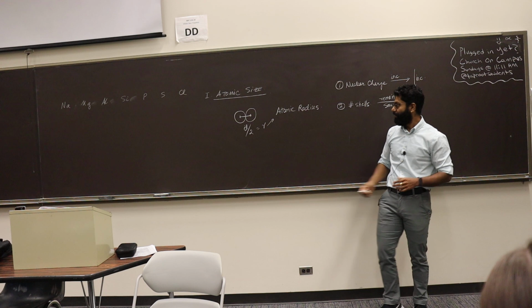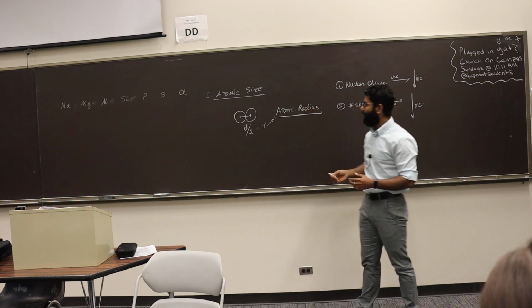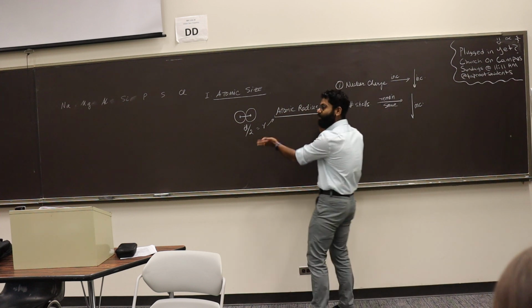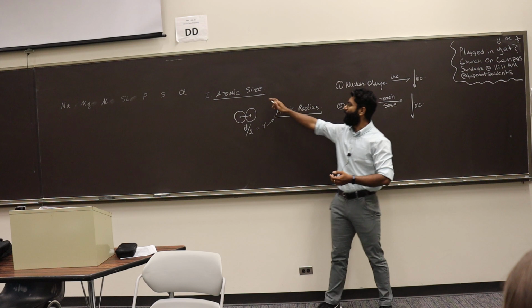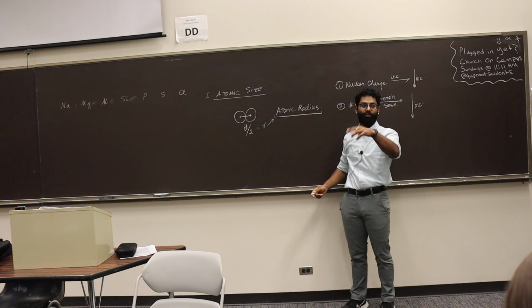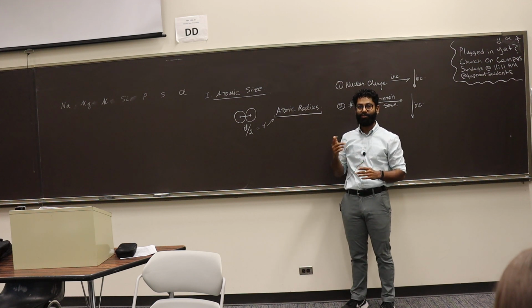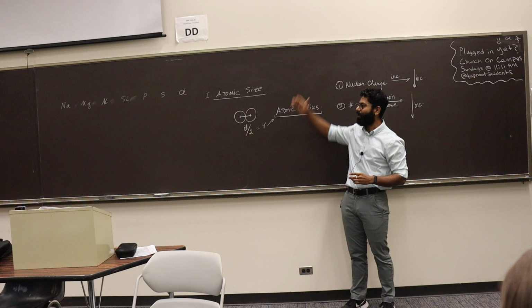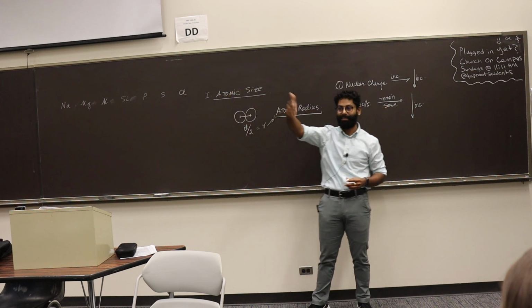Now, I just gave you a definition, so nothing spectacular. When I'm talking about atomic size, I'm talking about atomic radius, because when you look at a table online, you can see tables in which atomic radiuses of different elements are listed.